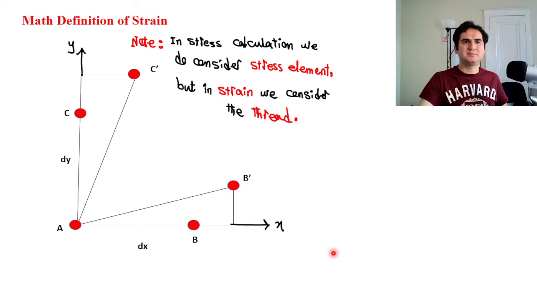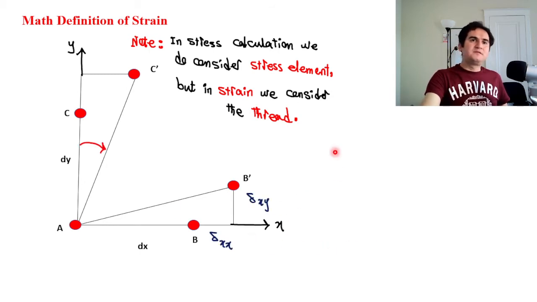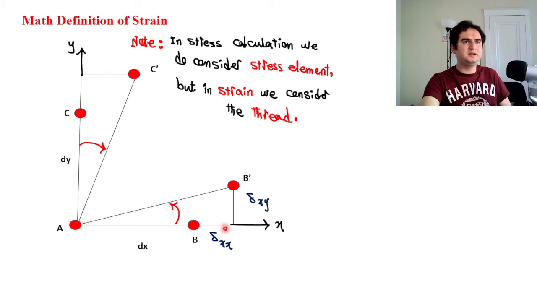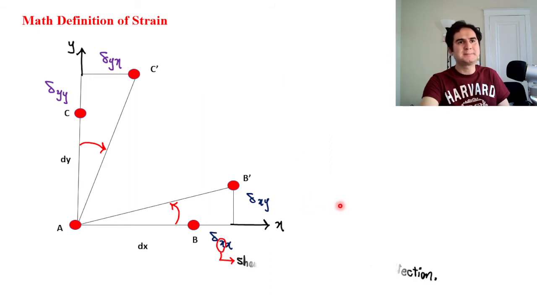So what that means is, we call this part from here to here delta xx, from here to here delta xy, this is delta yy, and this is delta yx. Let's see how that goes.